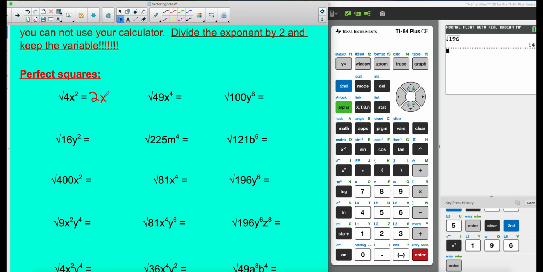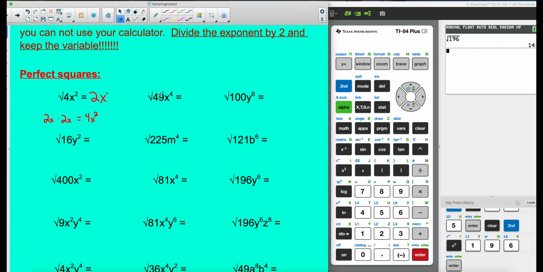So the square root of 4x squared is 2x. And why is that? Because 2x times 2x is 4x squared. Remember, the square root of x squared is always x to the first, but you don't have to put that little 1 there.